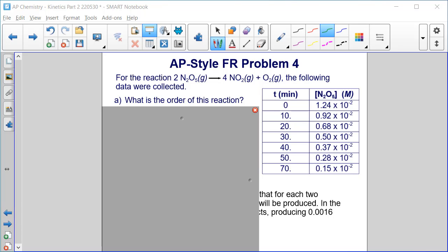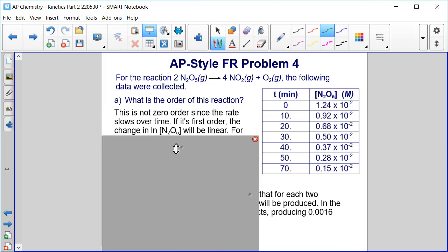All right, in part A, we're asked to determine the order of the reaction. You can see that the concentration is decreasing with respect to time. So this is not zero order since the rate slows over time.